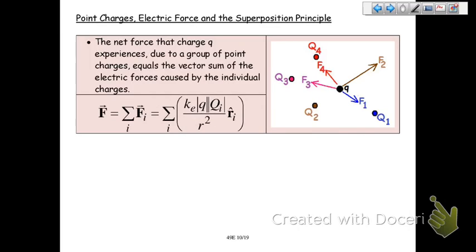So here's in math language, the vector force is equal to the sum of all the individual vector forces, which equals the sum, and for each vector force it's ke little q times big Q over r squared times the unit vector in that direction. So I'm going to sum all these vector forces together and express it like that.